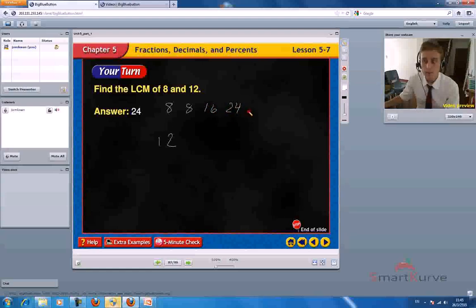Notice that 12, 24, continuing on, 36, are common multiples. The least common multiple of 4 and 6 is 12. The smallest number that both are multiplied into.